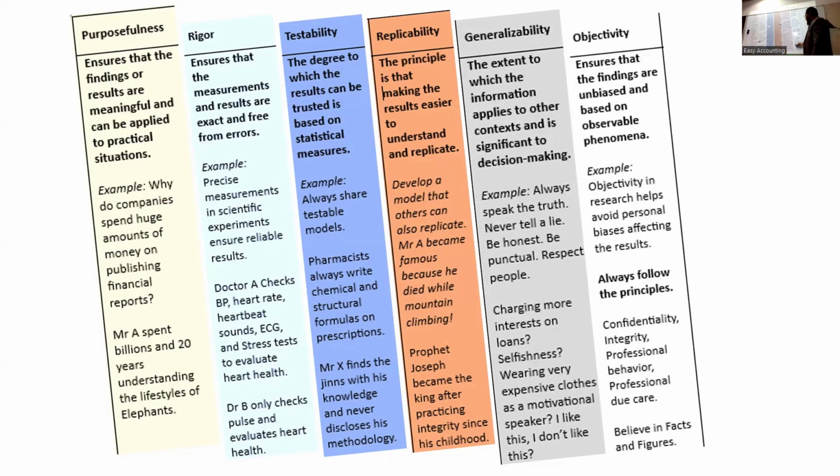Next thing, objectivity. Objectivity means always follow the principles. There are two concepts. One is called objectivity, and another one is called subjectivity. Objectivity means when you talk about the principles and the facts.